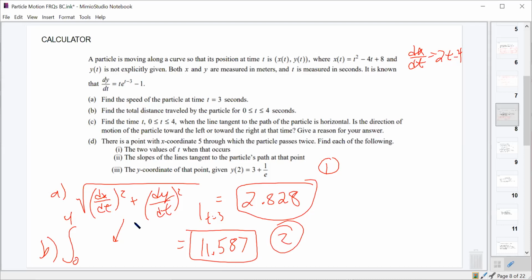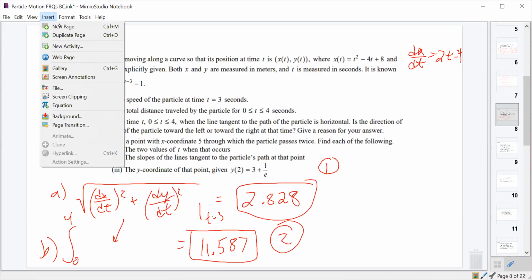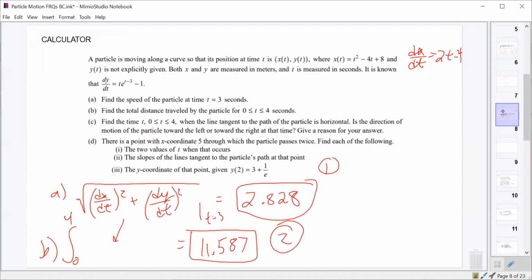All right. Part C says find the time between 0 and 4 where the tangent to the path of the particle is horizontal. Is the particle moving left or right at that time? Give a reason. So first off, the tangent should be horizontal if the numerator of the derivative is 0, which would be your dy/dt equal to 0.